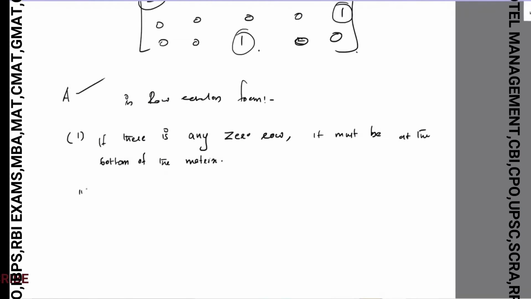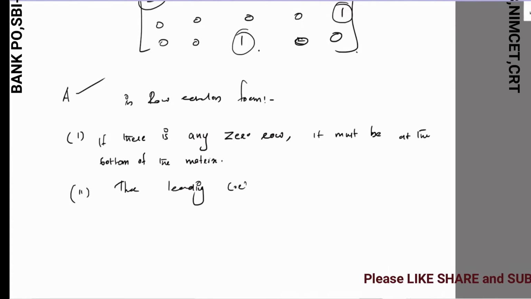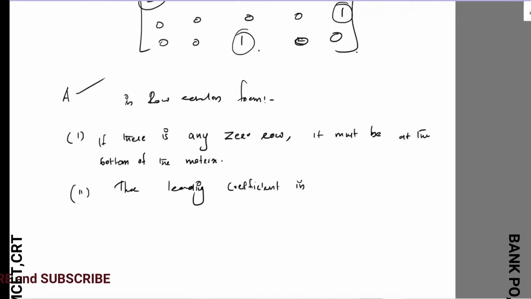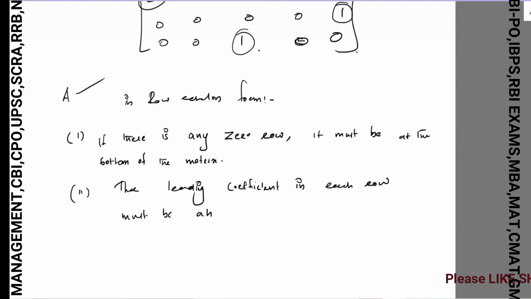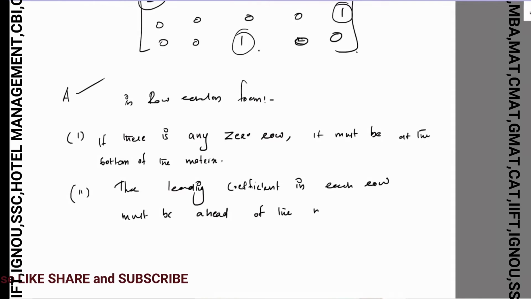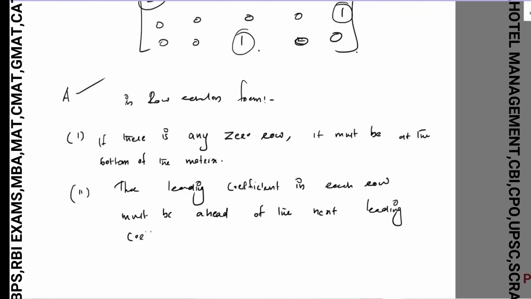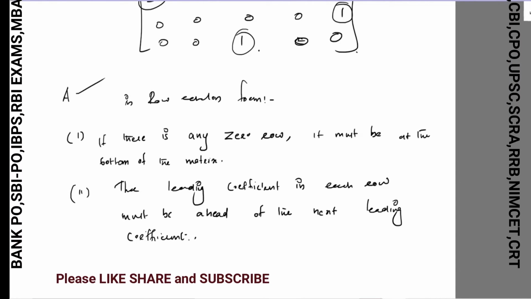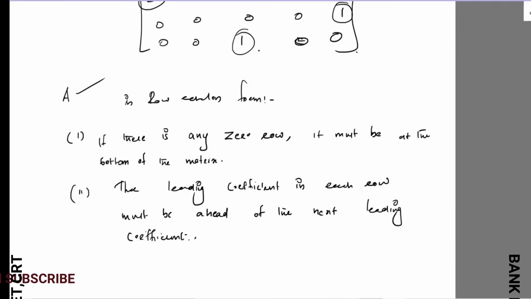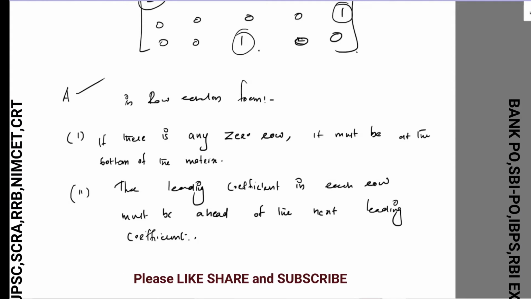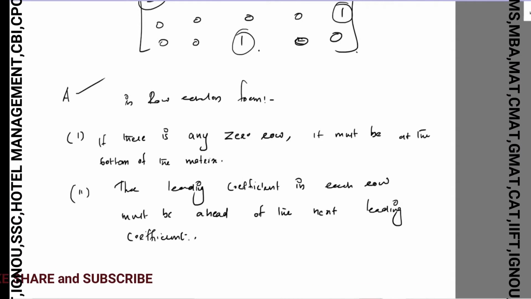And the second condition: the leading coefficient in each row must be ahead of the next leading coefficient. Okay, these are the two conditions.